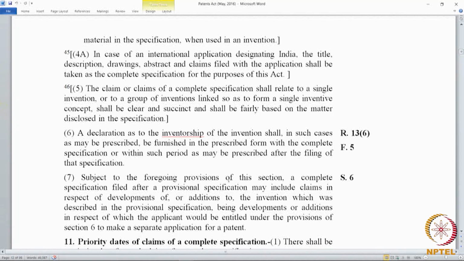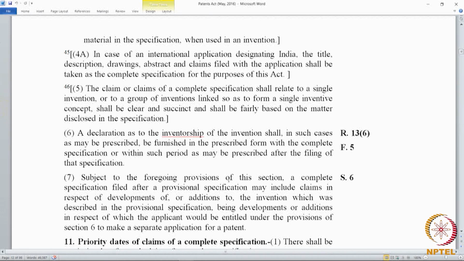The fact that the complete specification should be clear and succinct is a requirement that it should not be ambiguous and it should communicate the invention clearly. So if there is any ambiguity, or if there are words that are not clear, or words that are capable of multiple meanings, words that are ambiguous or vague, then those can actually come in the way of the grant of a patent.